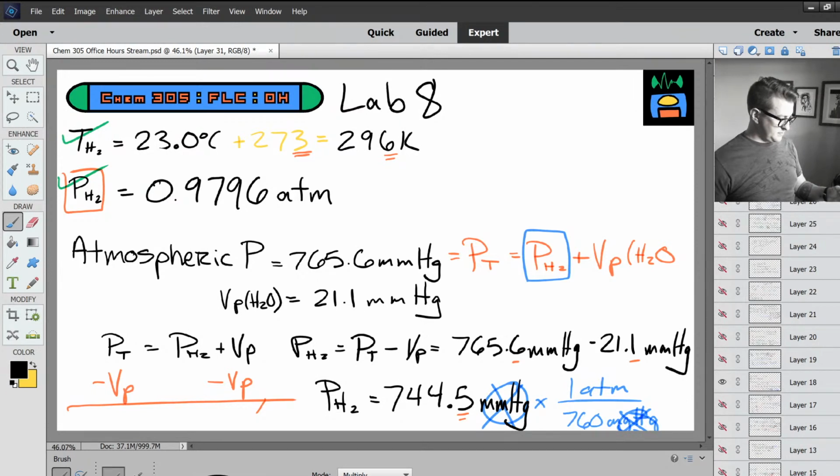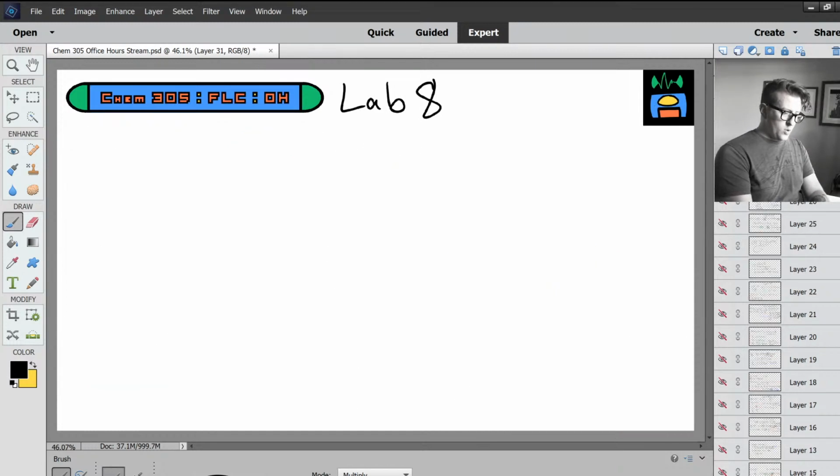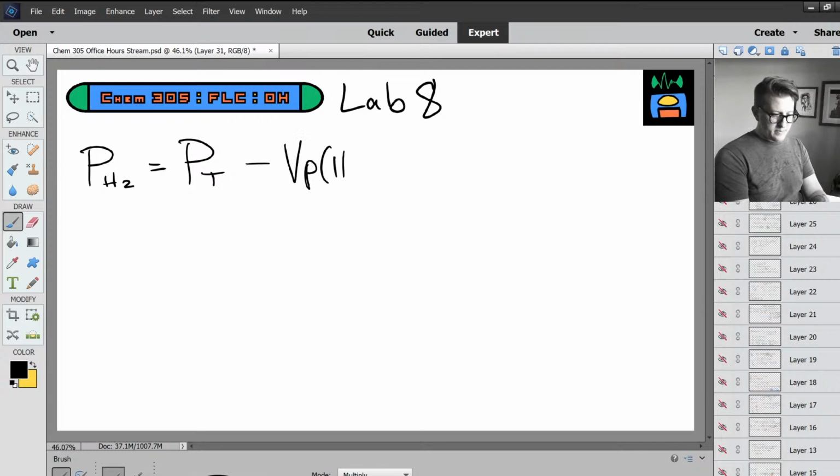Okay, so when you look at the partial pressure of hydrogen, you get this from the total pressure minus the vapor pressure of water, right? Atmospheric pressure minus the vapor pressure for water.